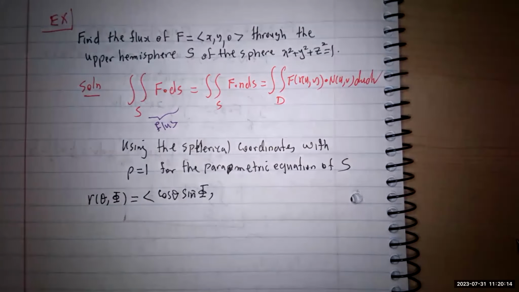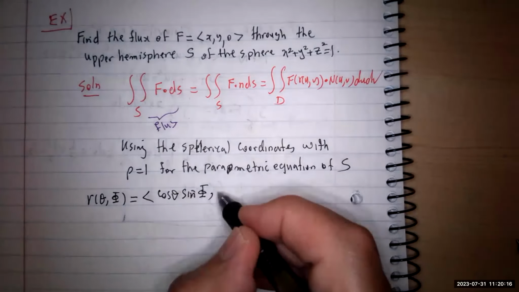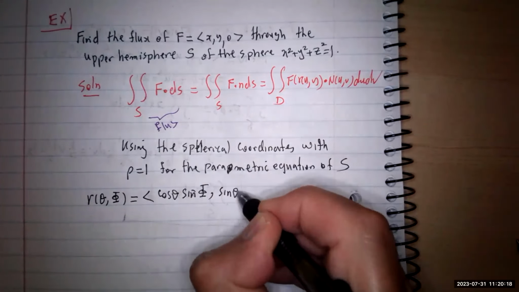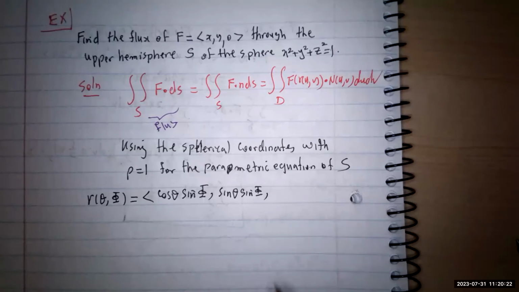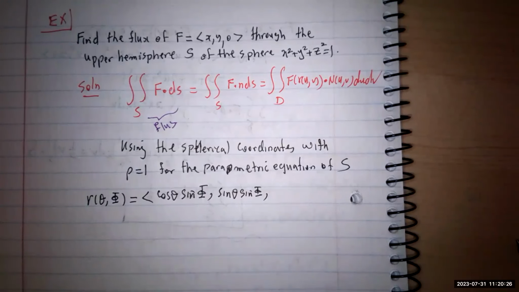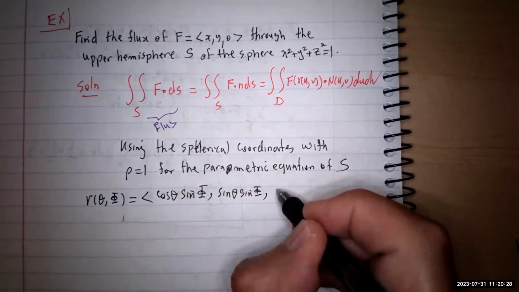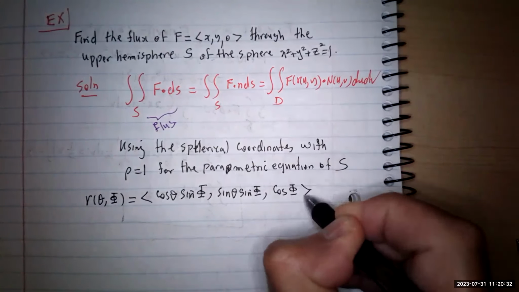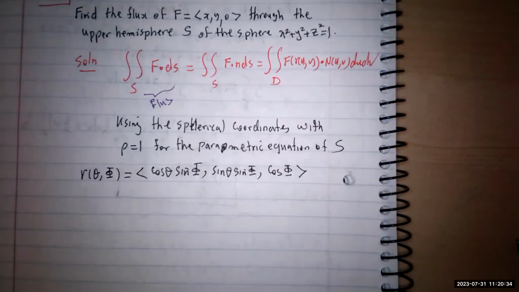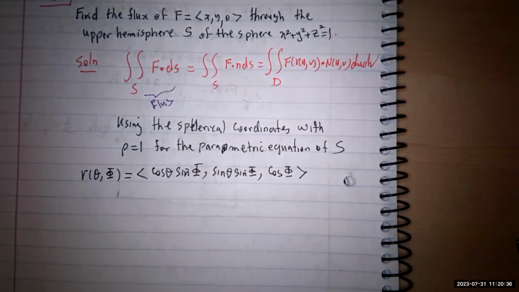Y was rho sine theta sine phi, and rho is 1, so sine of theta, sine phi. And the last one was rho cosine phi, z. So it's going to be cosine of phi. You see, this is the parametric equation of this sphere. So if you need the sphere, this is going to be your equation.